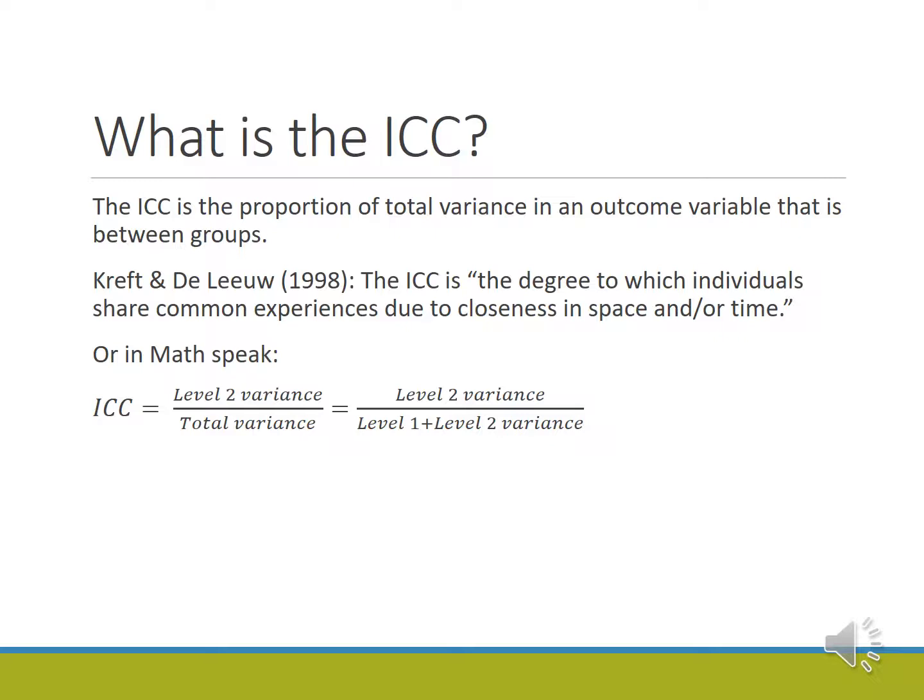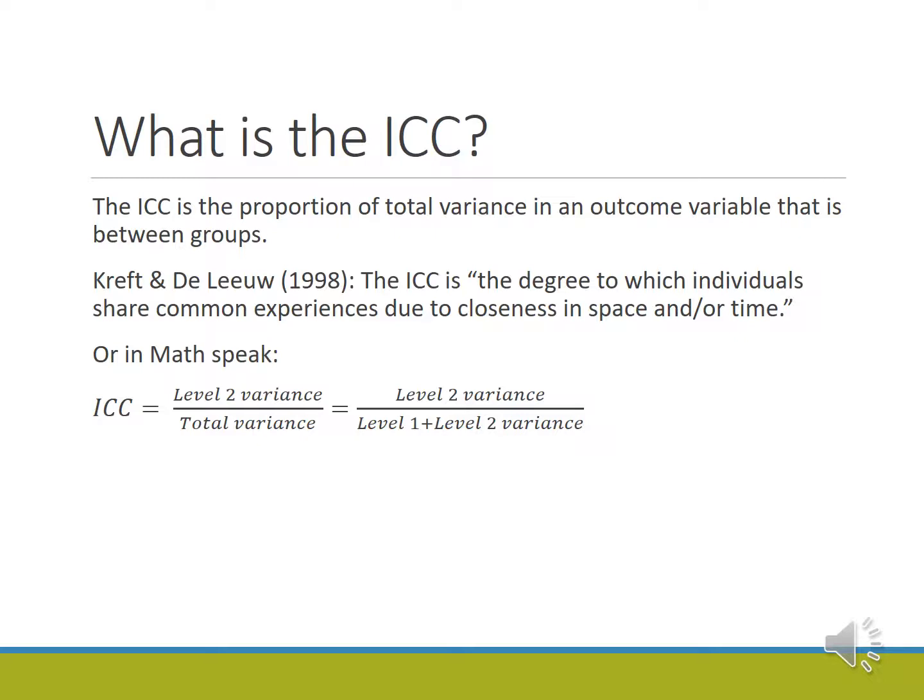If we want to calculate the ICC, and this is why I say here in math speak, then you calculate it as the ratio between the level 2 variance, or the cluster variance, and the total variance. And the total variance is the sum of the level 1 and the level 2 variance. So it can also be thought of as the level 2 variance divided by the sum of the level 1 and level 2 variance. We will revisit this later on when we have 3 or more level models.